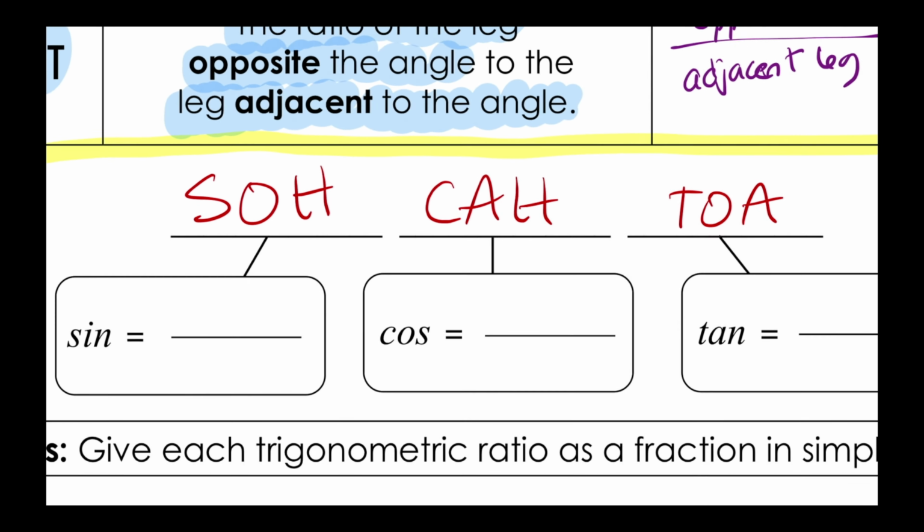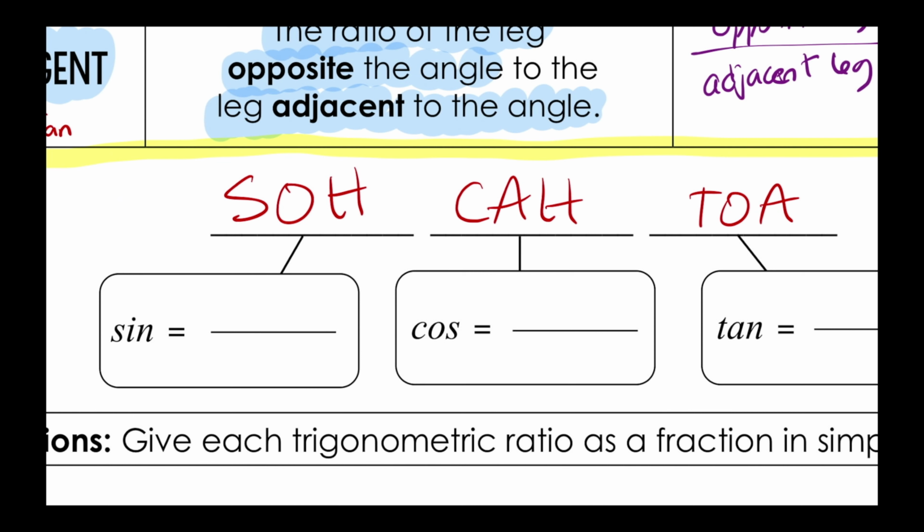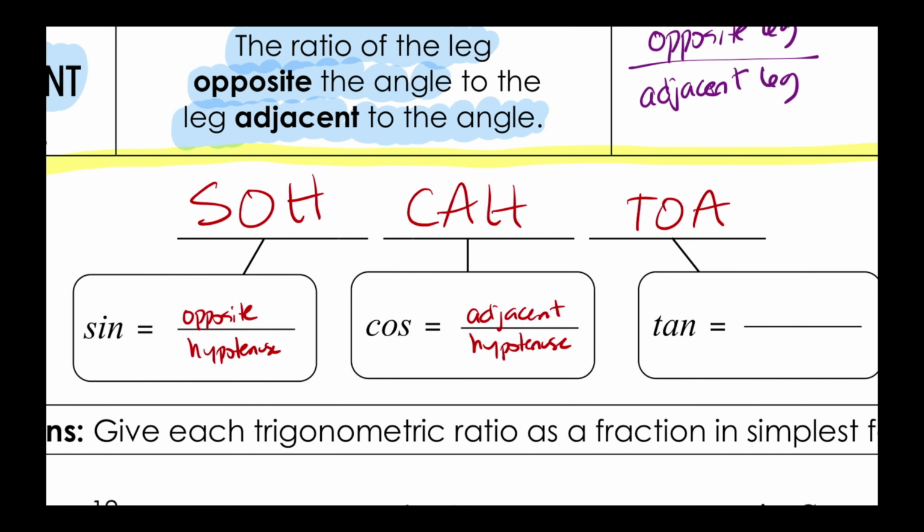So SOH-CAH-TOA is a fake word, meaning S-O-H, sine is opposite over hypotenuse. The C-A-H part of this word is cosine equals adjacent over hypotenuse. And then the T-O-A part of the word is tangent equals opposite over adjacent.